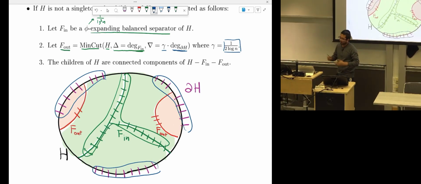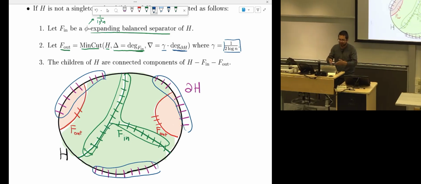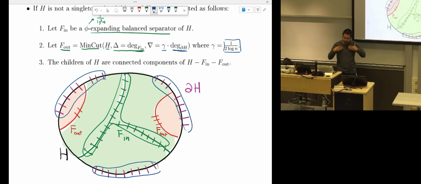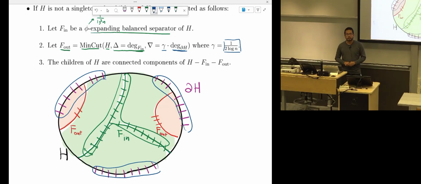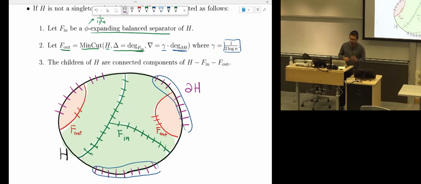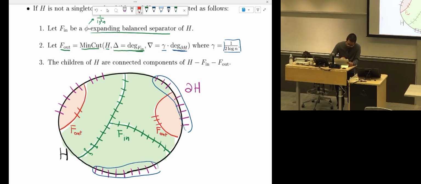Or you think like you try to send flow from the green thing to the purple thing. Try to send max flow. And if you can send flow successfully, then you would be basically done, but you might get stuck.